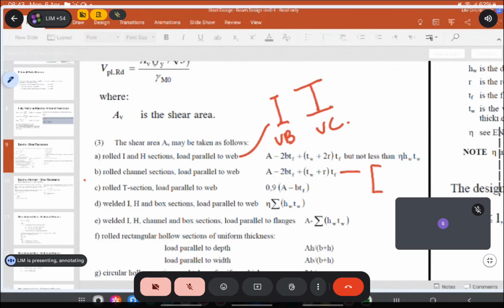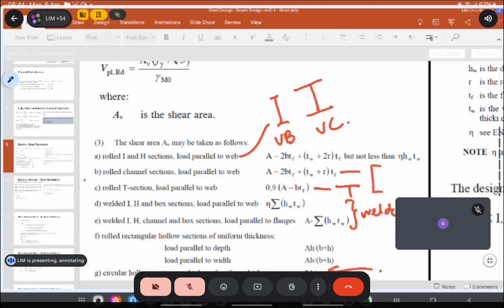If it's a T section, then you use C, T section. If it's a welded I or H, then you use D. But normally I or H is rolled. If it's welded, so these two are welded. The rest we don't have to worry. Circular hollow is this one, but we don't have it.